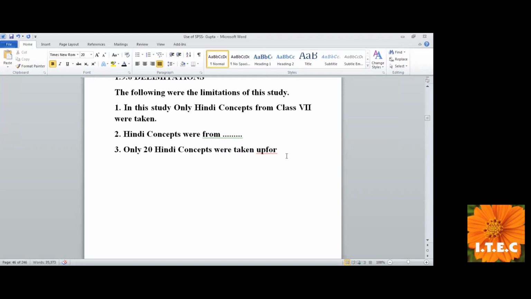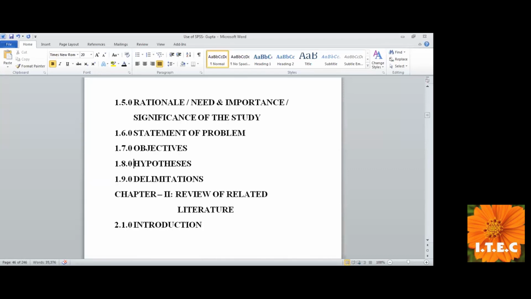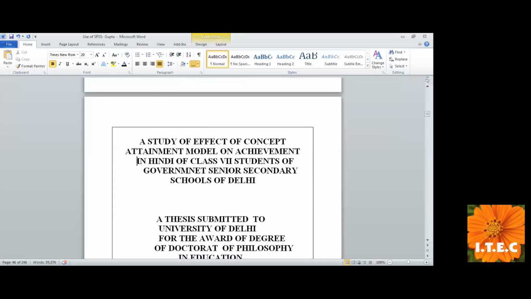Only 20 Hindi concepts were taken up for the study. Now, if you want, whether I wrote government or government school, let me see. Okay, it was the government senior secondary schools of Delhi.